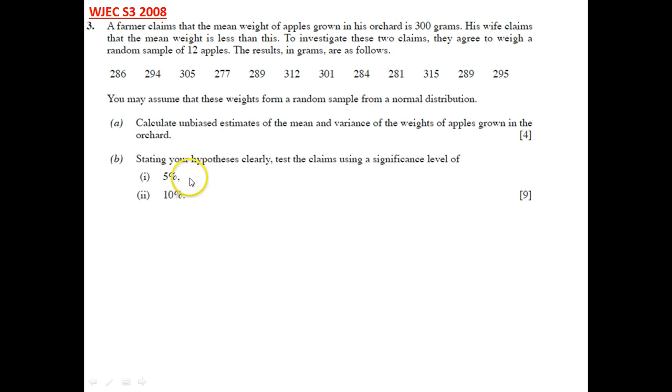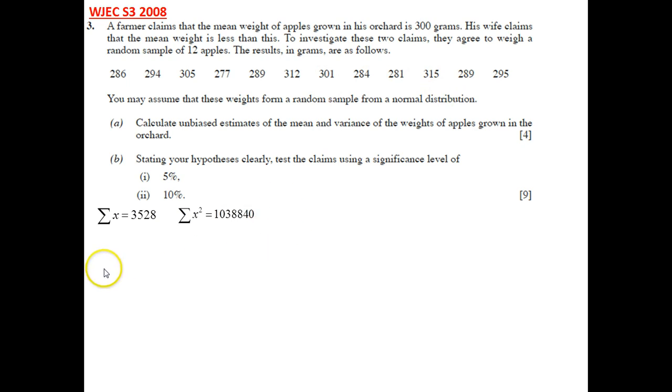Then testing at a 5% and then at a 10% level, stating our hypothesis, we will test at 5%, then at 10%. So first of all, the unbiased estimates of the mean and the variance, so we need to add them all up and add up the square of each one.